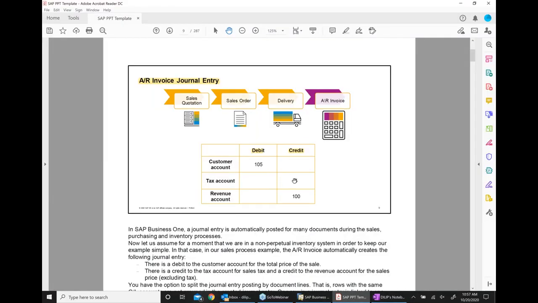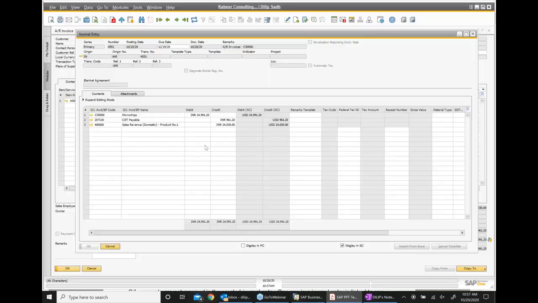My tax account, credit. Revenue account, credit. You see here, my CST payable, credit 961.20. We have a sales revenue account, credit 24,030. How this account is determined, we're going to talk about in the next topic. For the sales revenue, the account is 40000.